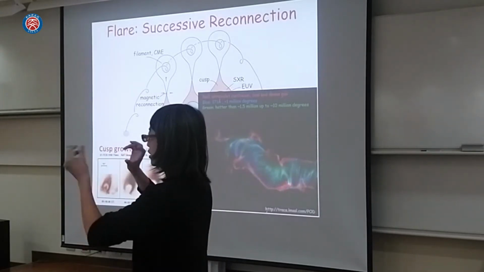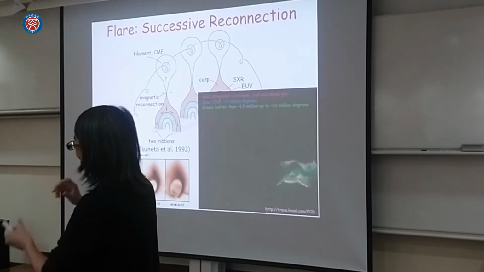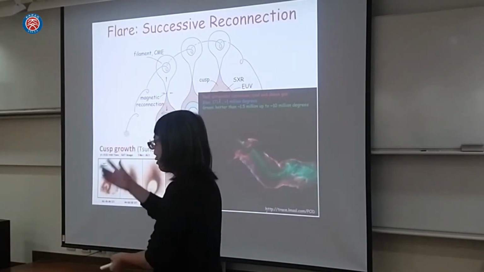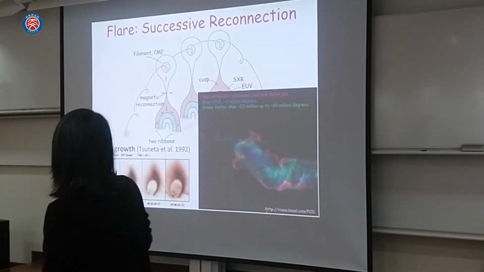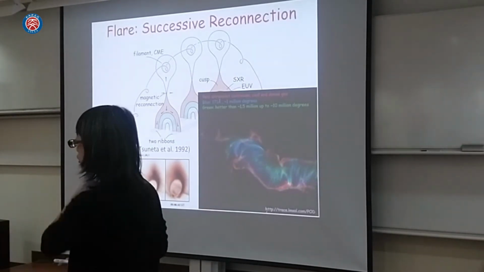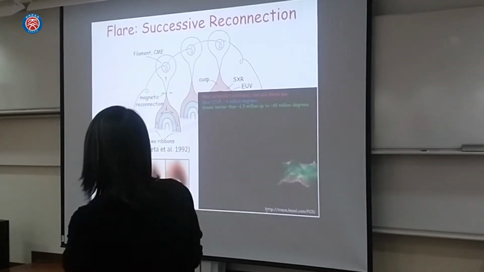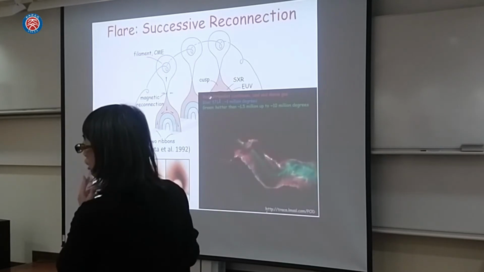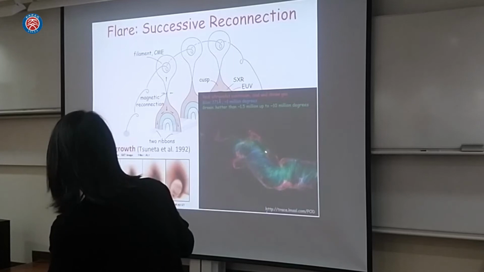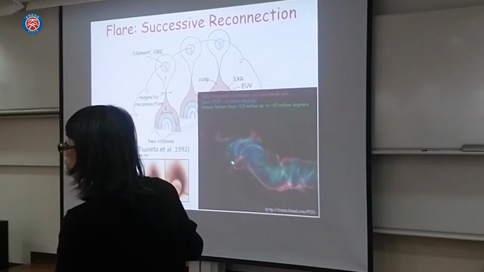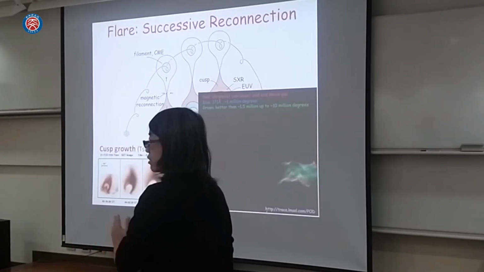When you see such a structure, you can assume that there will be a flare or explosion over there. When a flare occurs, we can see some brightening in UV. In the gradual phase, we can see the ribbon structure in HXR or UV. The post-flare loop structure just happens in the later phase of the flare.